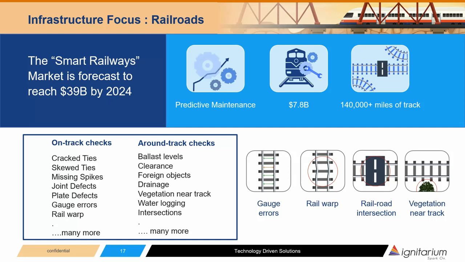Around track checks, and these are shown on the extreme bottom right, could be checking for clearances or vegetation near the track or waterlogging or detecting whether there are drains which are clogged as they run beneath the rail tracks.